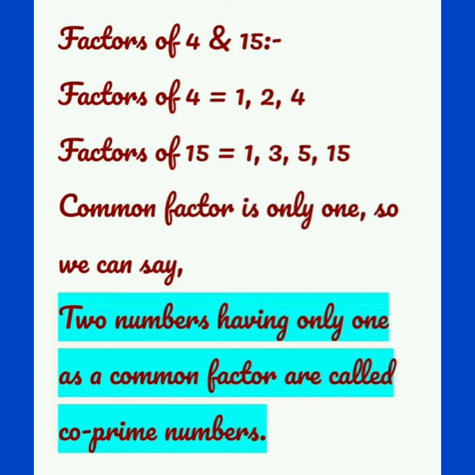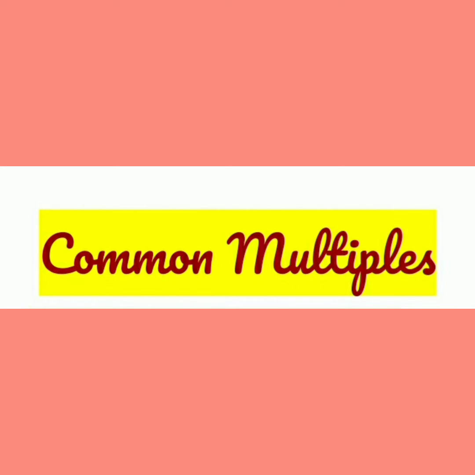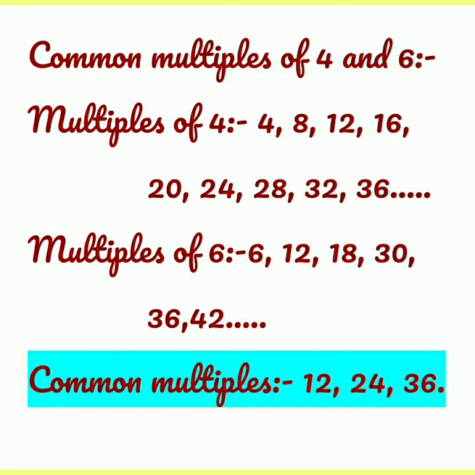Okay. Now we will move on to common multiples. I have explained what are multiples. Now common multiples. We will take the example: multiples of 4 and 6. I have written the multiples of 4. You can write the table: 4, 8, 12, 16, 20, 24, 28, 32, 36, 40, and so on.